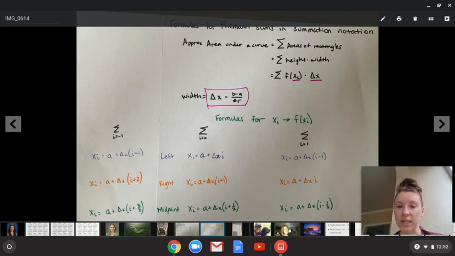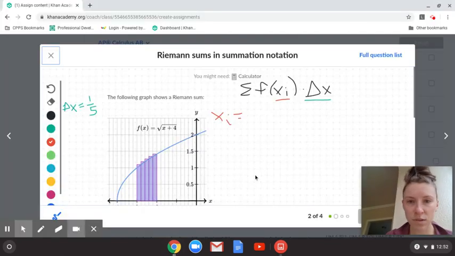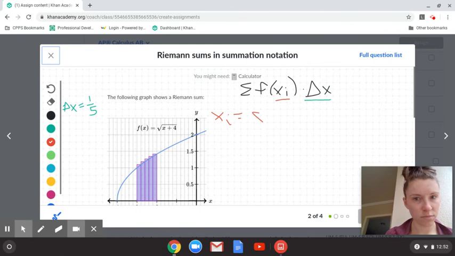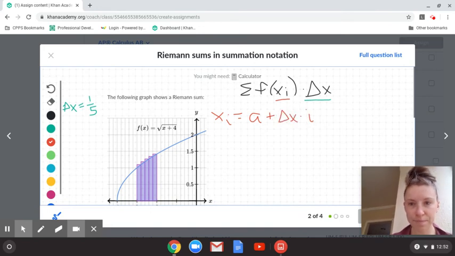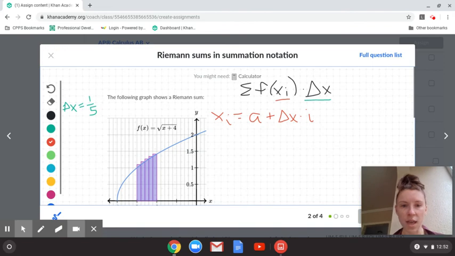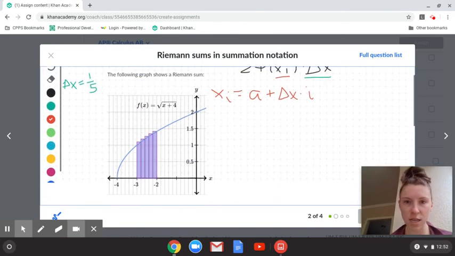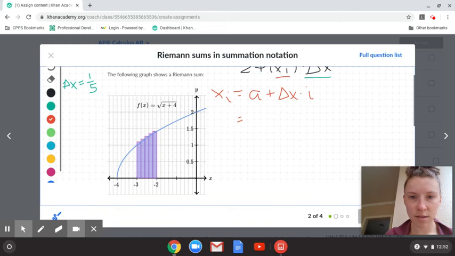We're not adding or subtracting to I. It's just I. So we got A plus change of x times I. So our A, again, is -3 plus our change of x is 1/5 times I.